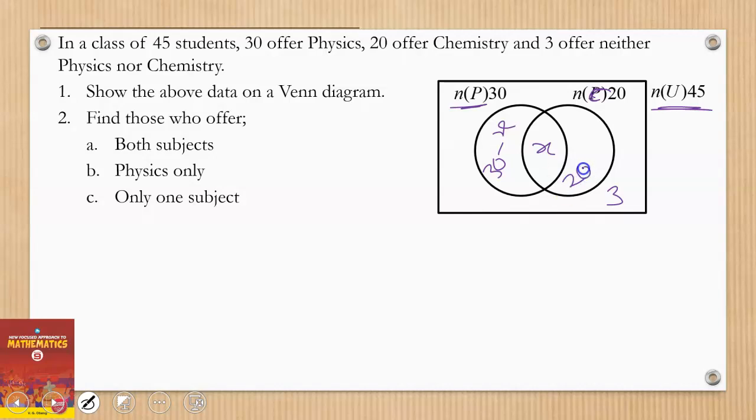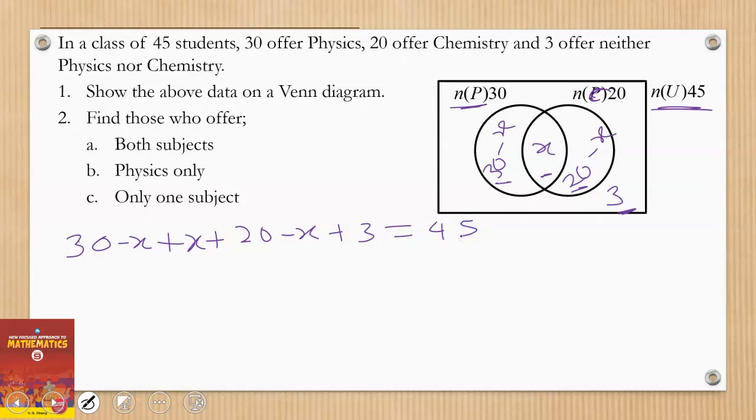Then for chemistry, 20 minus X. When we put all this together, plus those who did neither subject, it should give us 45. So we can write a simple equation: 30 minus X plus X plus 20 minus X plus the 3 outside the 2 circles, all should give us 45.